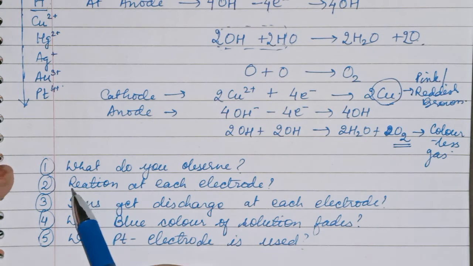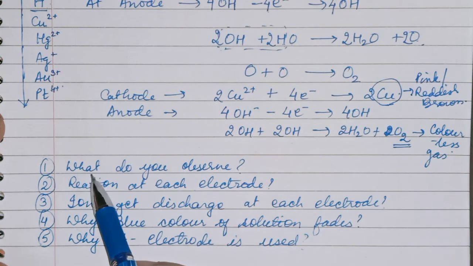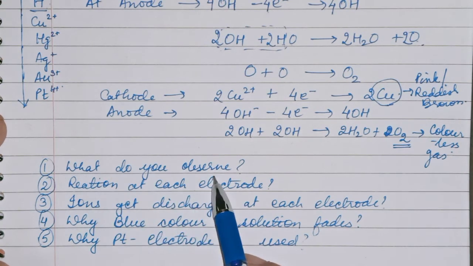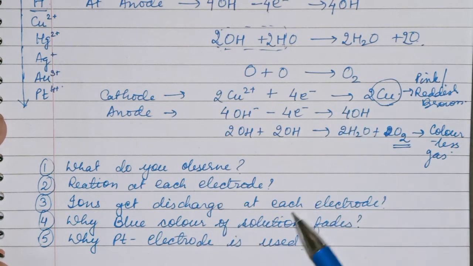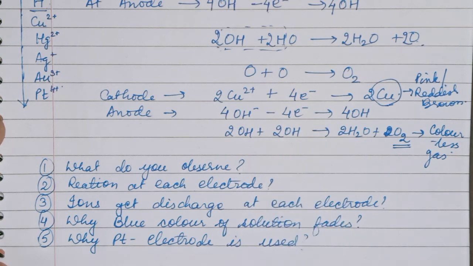Now again, this question arises from the topic we have learned till now. What do you observe? Here we will observe that cathode gets reddish brown, anode colorless gas, and blue color fades into pale blue.